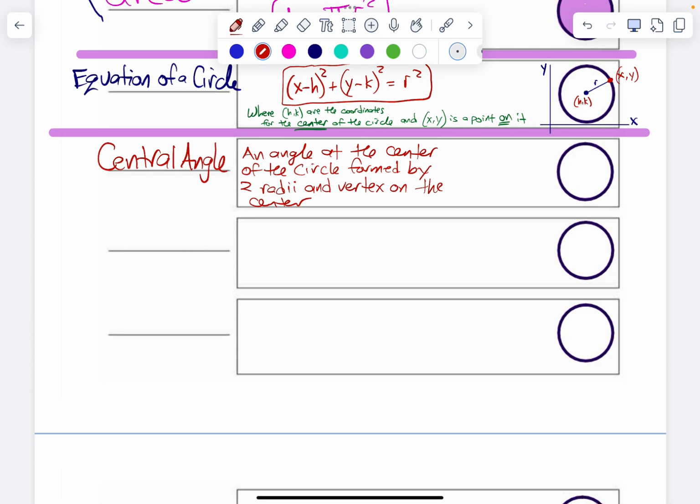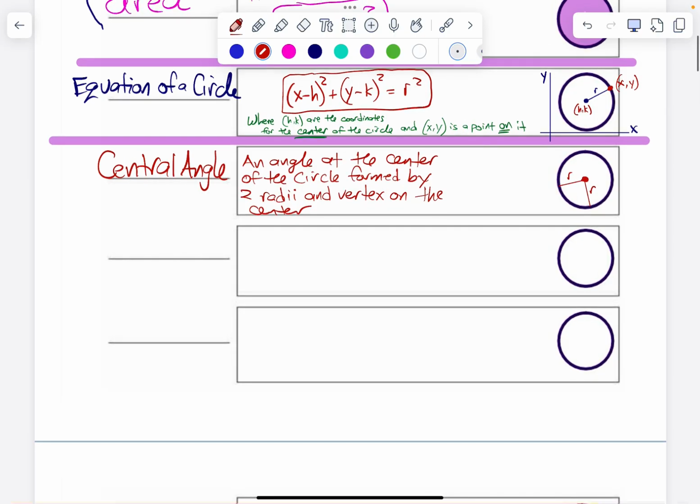For your picture, it doesn't matter which direction you make this go. So come off of the center and call both of the side lengths of your angle R. And then we'll put theta, since we're used to seeing theta as our angle variable. And that angle formed by the center with 2 radii is a central angle. And that's going to be important for this whole section.